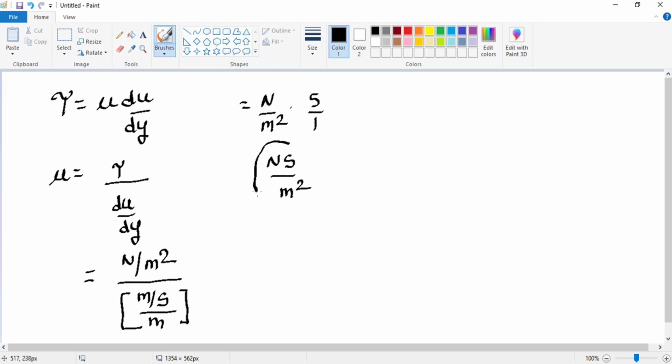Newton second per meter square is the unit for the dynamic viscosity. There is one more viscosity, which is discussed later. Newton second per meter square can also be written as Pascal second.